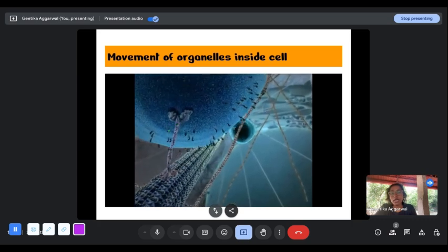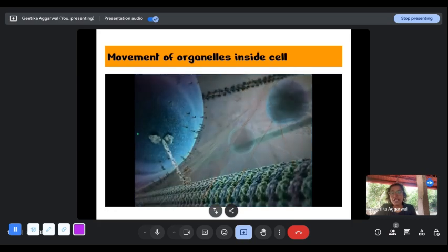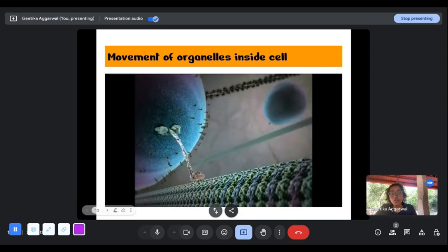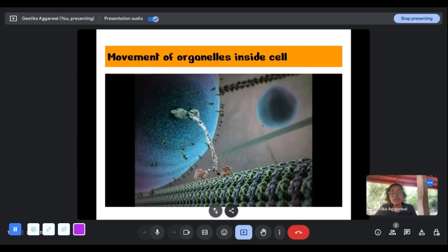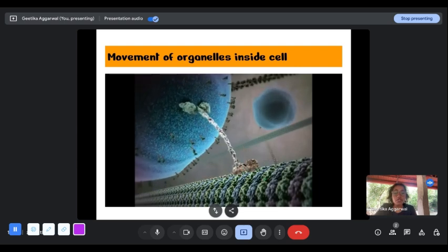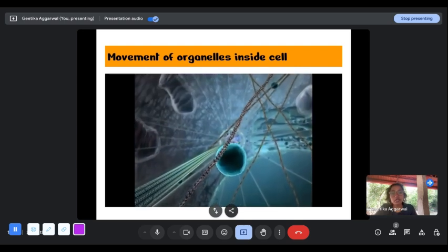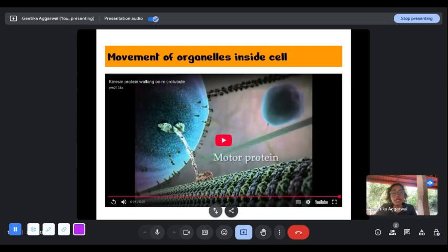It's a motor protein, and it's walking, I'm just using a term, but it is progressing along the microtubule, and it is carrying an organelle along with it. So one side of the kinesin protein is attached to the cargo that it's carrying, and the other side moves forward on the microtubule.